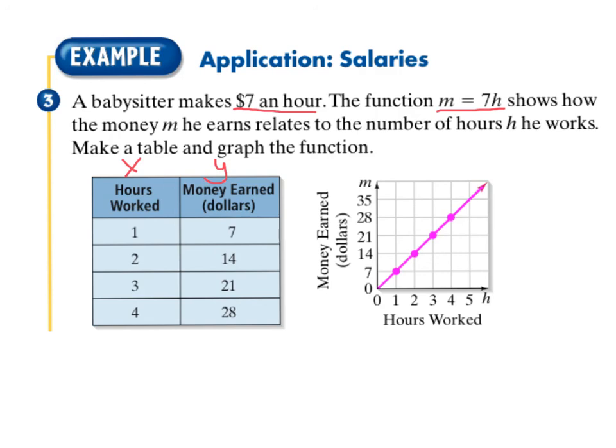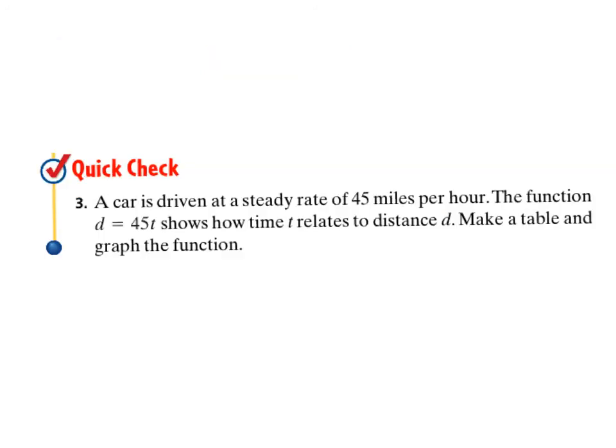So that gives us our linear function of our plotted points, so we know our calculations are correct because we got our linear function graph. Pause the video and do this quick check in your notebook. You're given the function, so again you need to create a table and then use that table to graph your function. So again, you will need either graph paper or a graphing note card to complete this quick check.